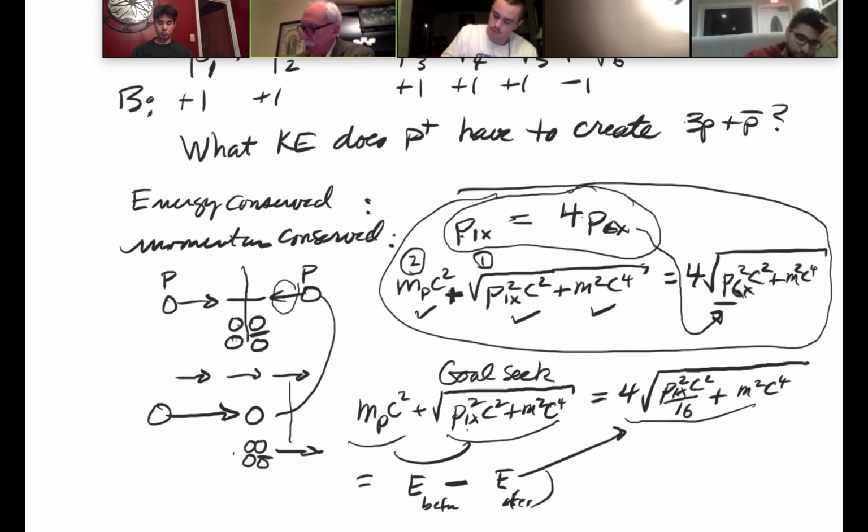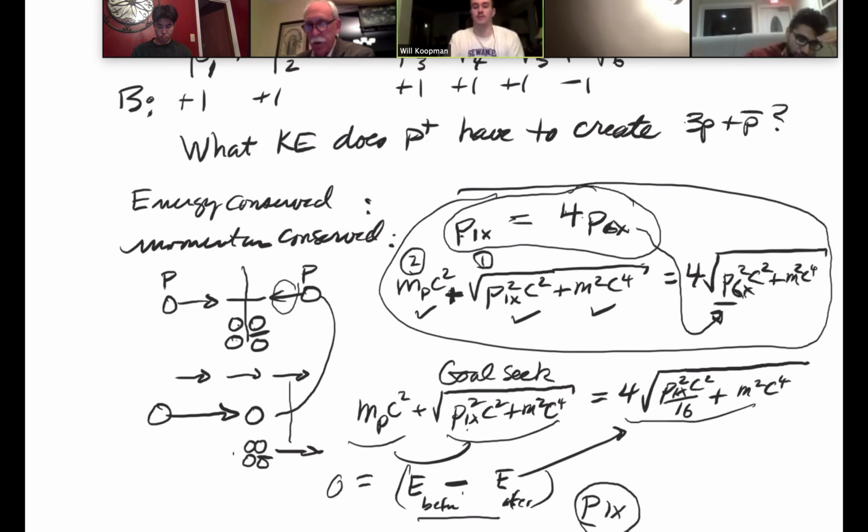And you'll have a cell with p1x. So you'll say, set this cell equal to 0 by changing that number. It's changing the momentum, the thing you don't know. So it'll change it until the energy is equal to the energy after.